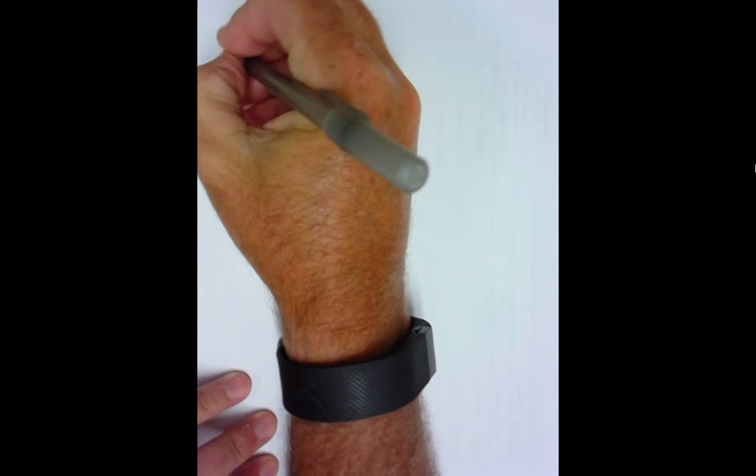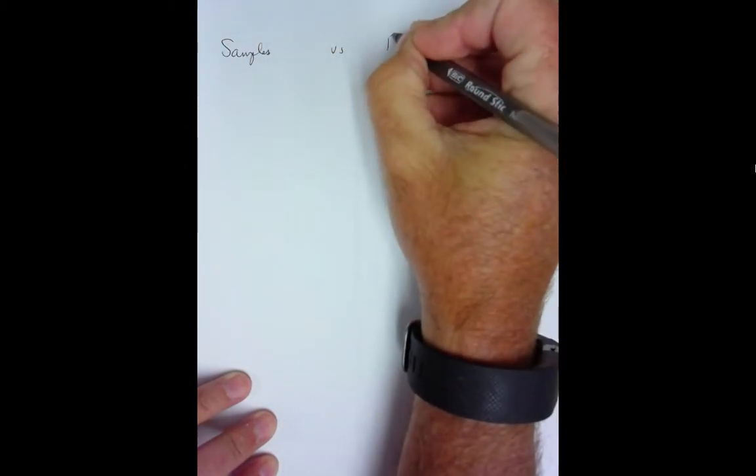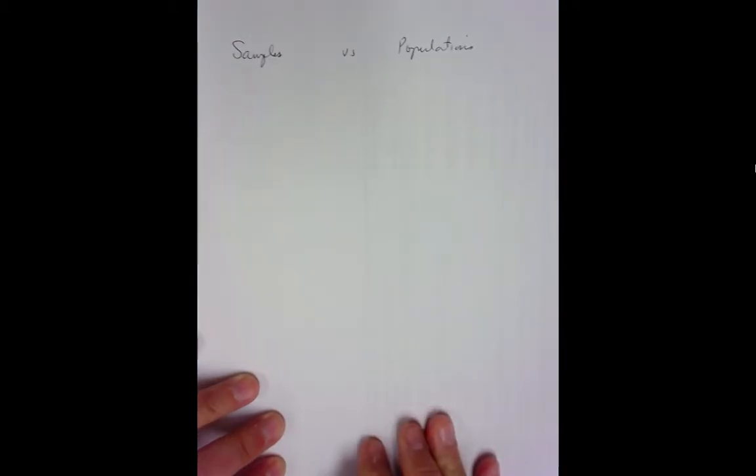Now, another thing important to point out is once we get into big boy, big girl statistics, where we start looking at the dynamic, the relationship between samples and populations, we get into different notation.